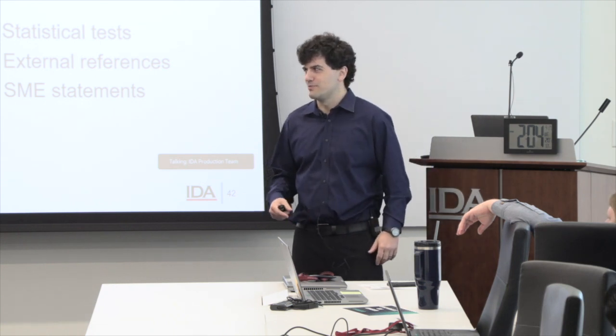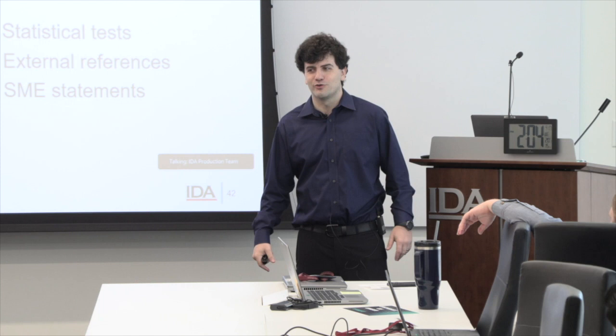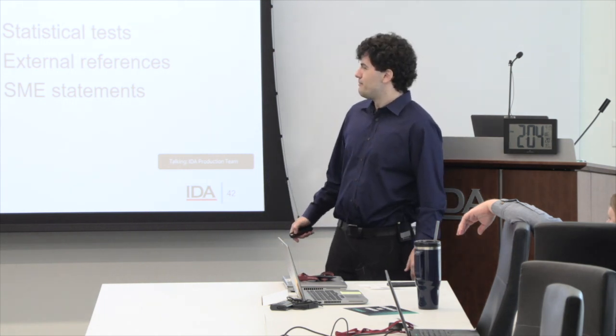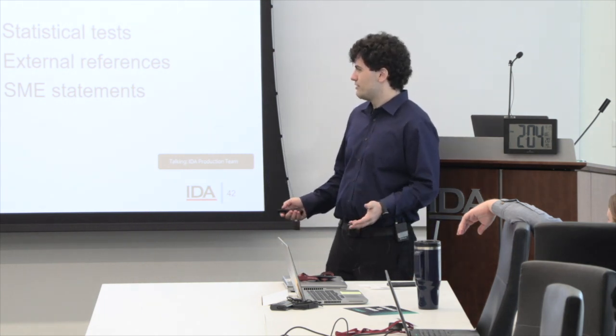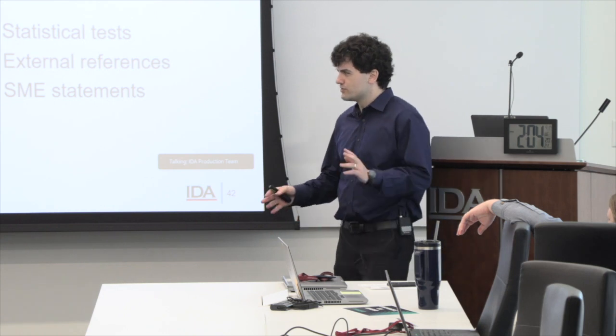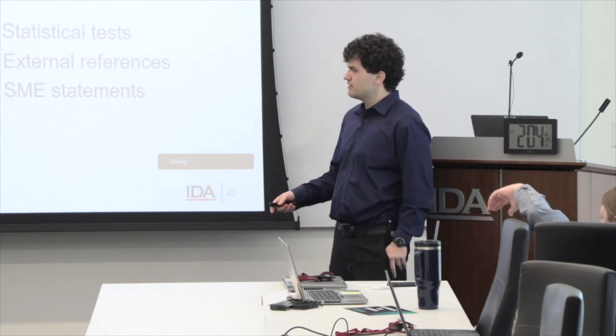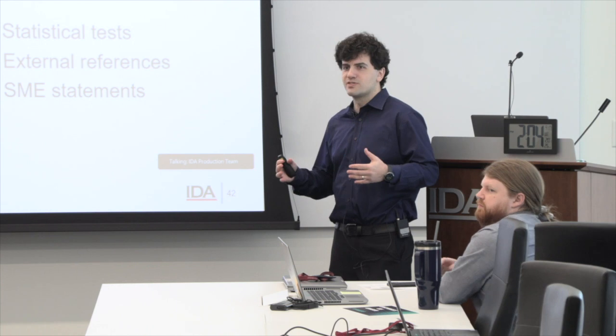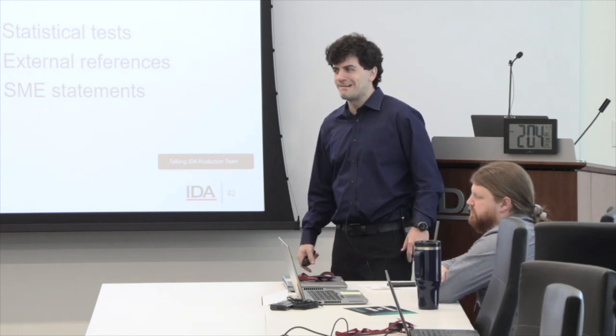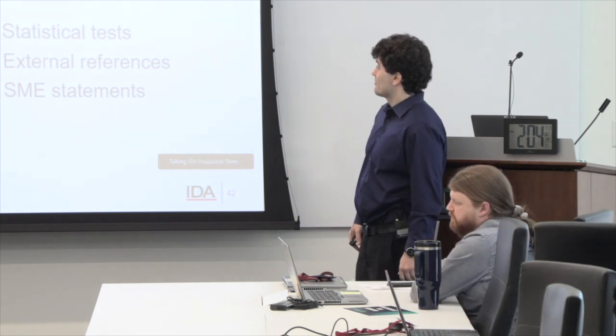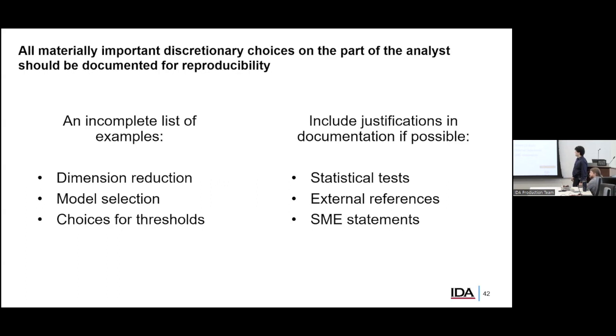You obviously want to make it very clear which language model you're using. Choices for thresholds, like which values you consider outliers and stuff like that. And in your documentation, you want to include your statistical tests, any external references, and subject matter expert statements, just that kind of stuff.